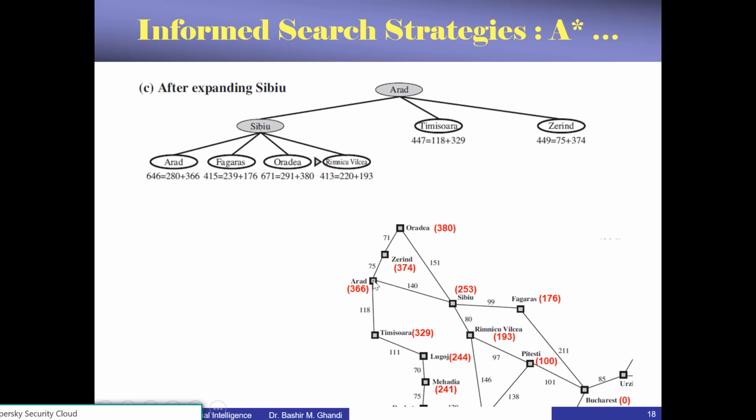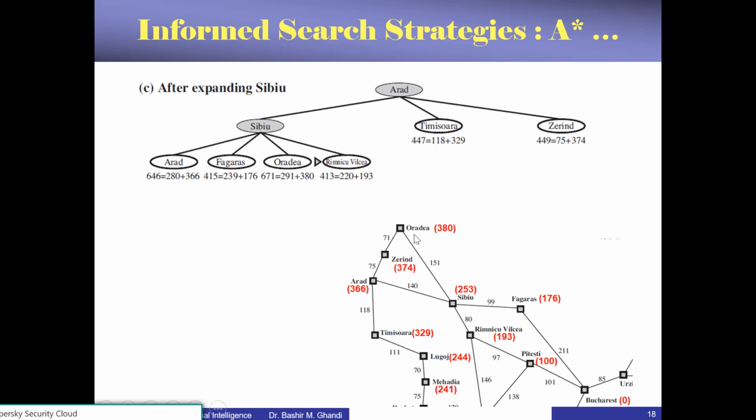So this will be the actual cost to reach Fagaras from Arad through CBU. So once you reach Fagaras, now you have to add 176 as an estimate from Fagaras to the goal of reaching Bucharest. Okay, so that's what we have here. It will be 415.